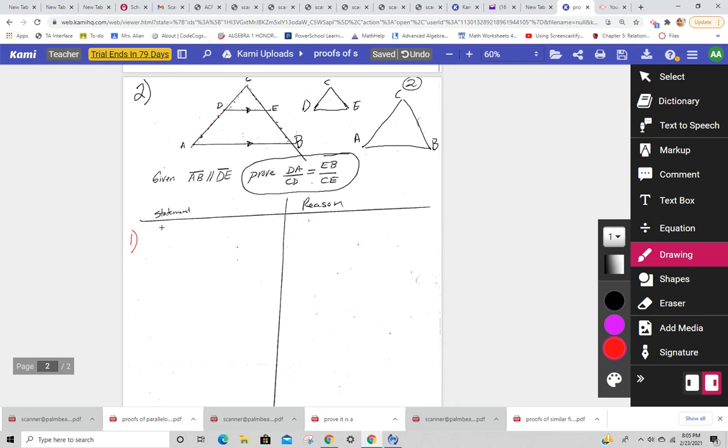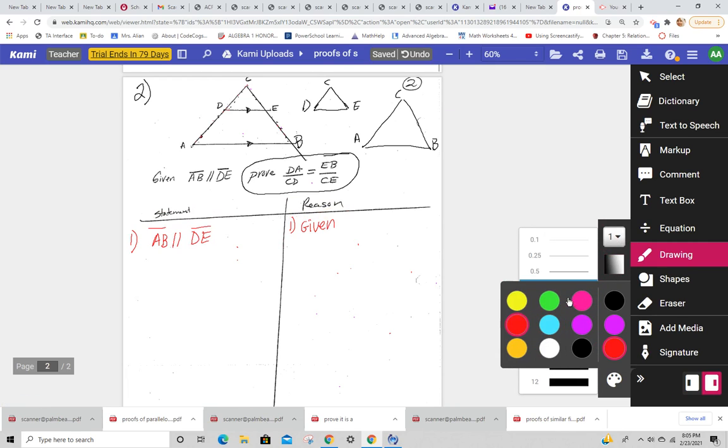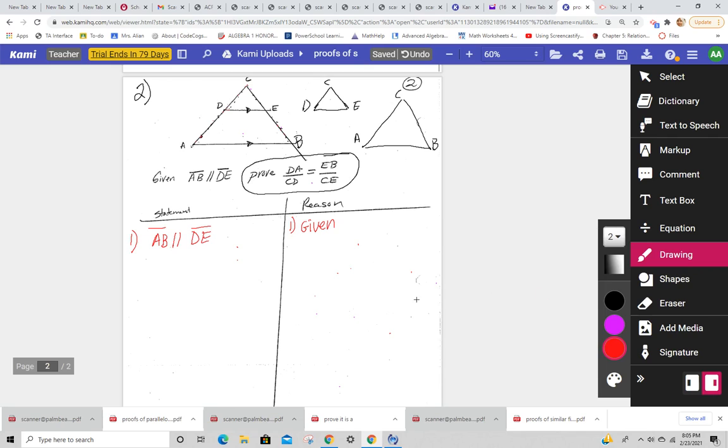Number one, we'll start by writing what we're given. AB is parallel to DE. And that's given. Two. Well, if AB is parallel to DE, that means this angle and this angle are congruent, and this angle and this angle are congruent, because if they're parallel, these are corresponding angles.